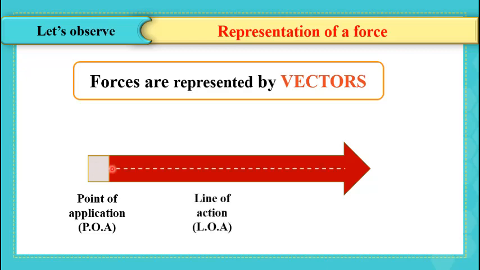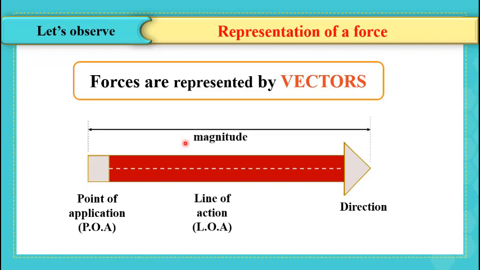The line holding the vector tells us about the line of action of this force. The head of the vector indicates for us the direction of the force, and the length of the vector from its beginning till the top of its head, measured using a ruler, allows us to calculate the magnitude of a force.